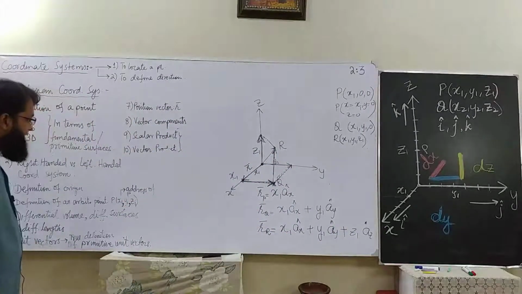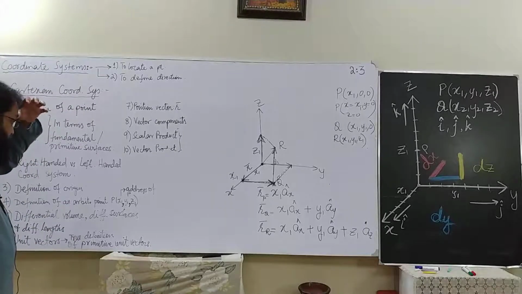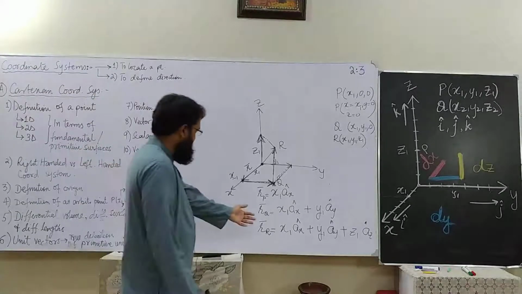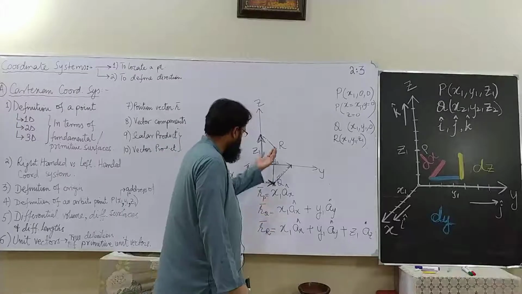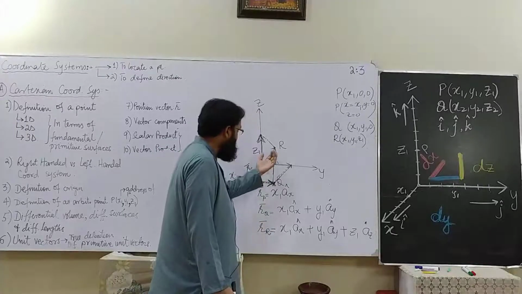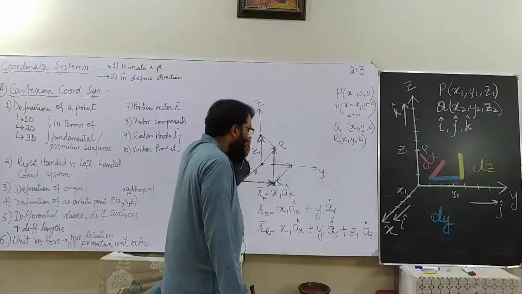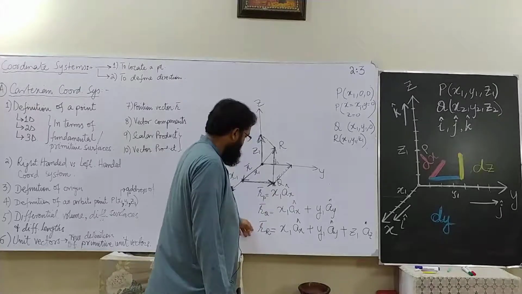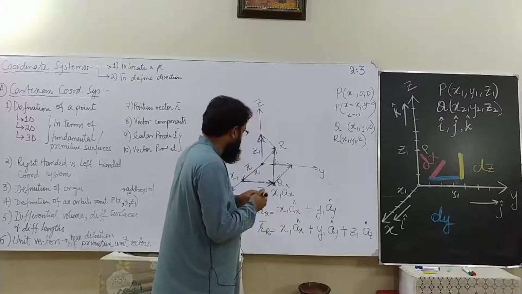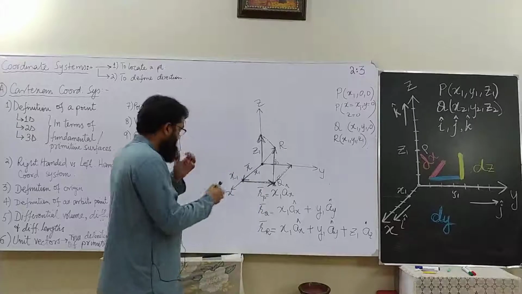I think I made myself clear here. So in order to reach a point, we can represent that point in a position vector. We use position vector to locate that point, and how we locate it, we just discussed.